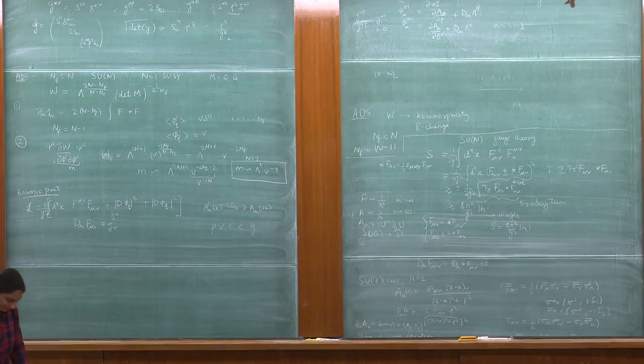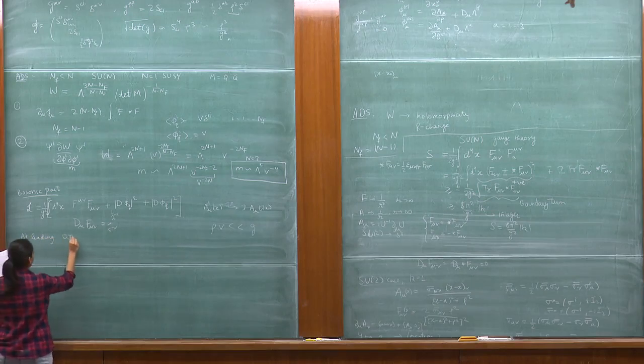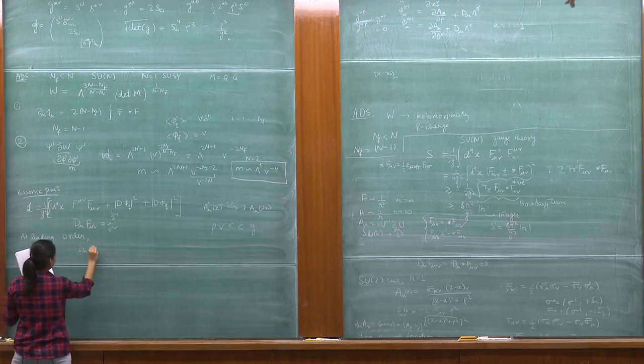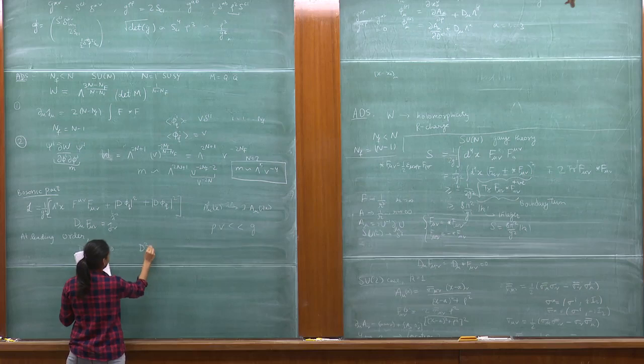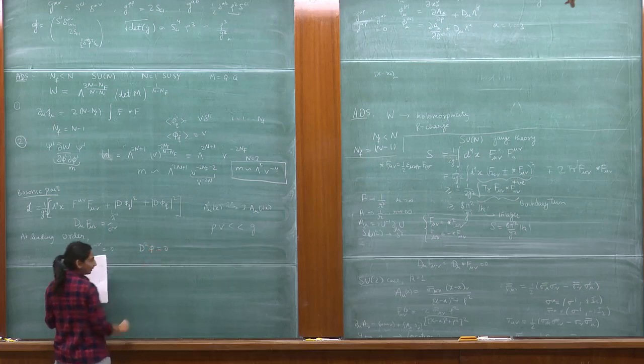So if you do it order by order, at leading order in rho v, what you get is that you want to find a solution to D_mu F_mu nu equals 0, and the scalar equation is D square phi equals 0. And there are solutions.